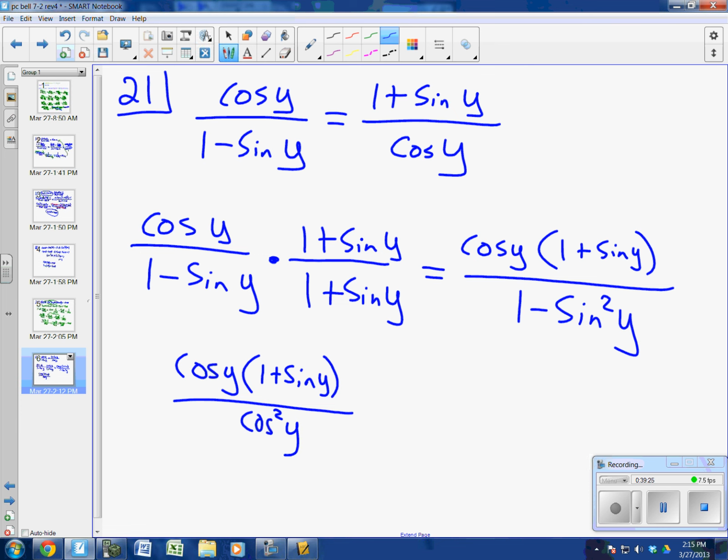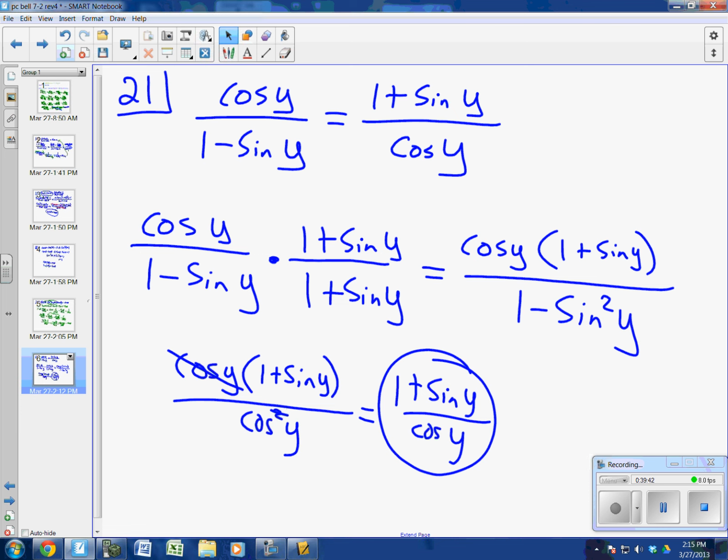One minus the sine squared of y is cosine squared. Now what can I do? Yeah, this cosine will cancel with one of those on the bottom, and you're left with 1 plus sine of y over cosine of y. And that'll be your answer.